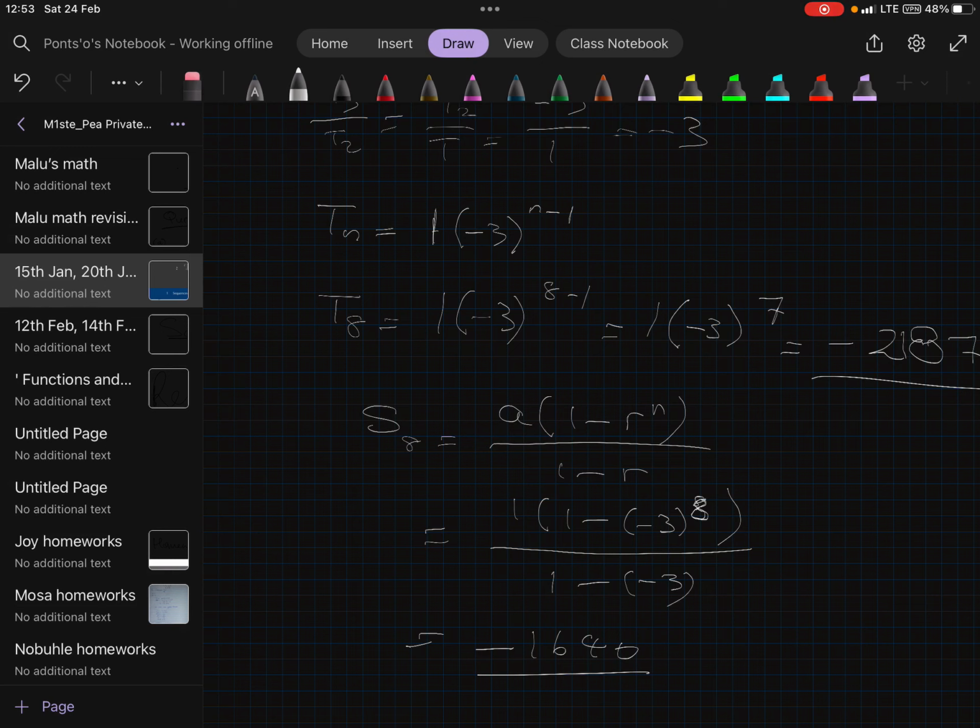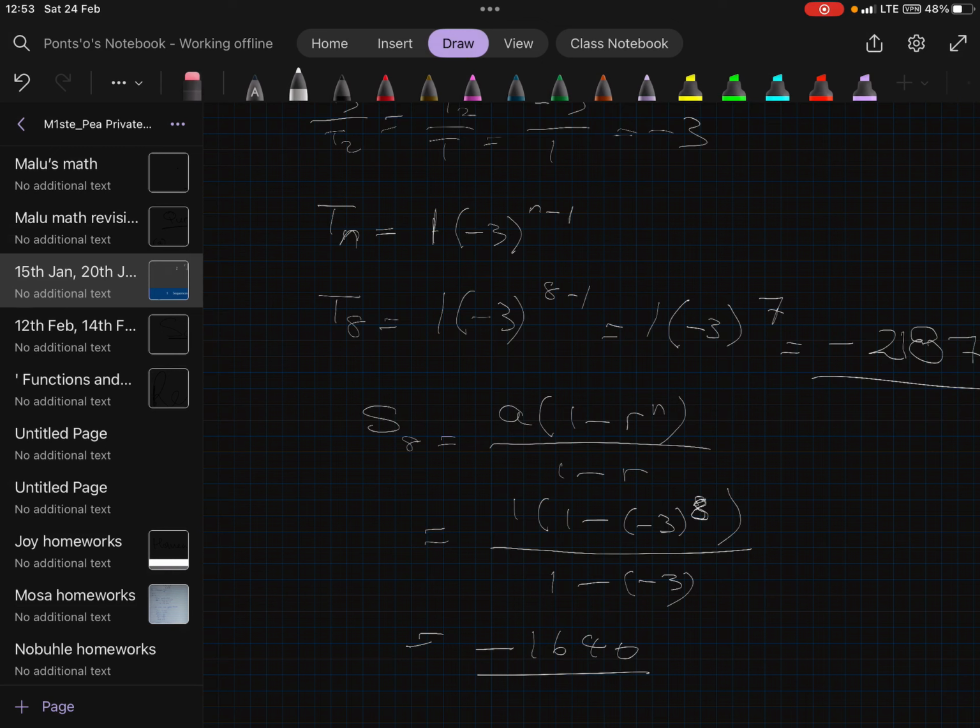Now, you recall the formula for the general term of a geometric sequence? Tn equals a times r to the power n minus 1. Yeah, so let's take that formula. We've got a equals 1, we've got r equals negative 3, correct?